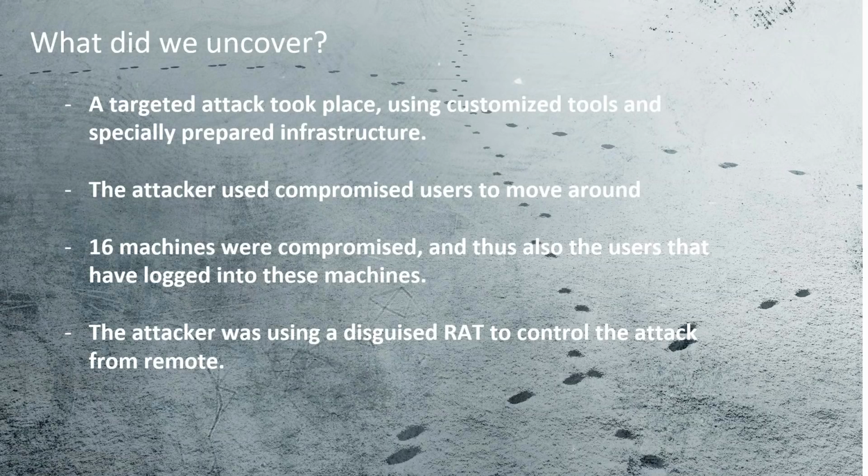We know that there were 16 machines compromised, and going from that, we can also list the users whose credentials were cached in these machines and are compromised as well. So using that, we came up with a list of users that are suspected to be compromised and need to renew their credentials. And we also revealed that the attacker was using a disguised RAT tool to control the attack remotely, and we also found out which IPs and domain names he used for that.